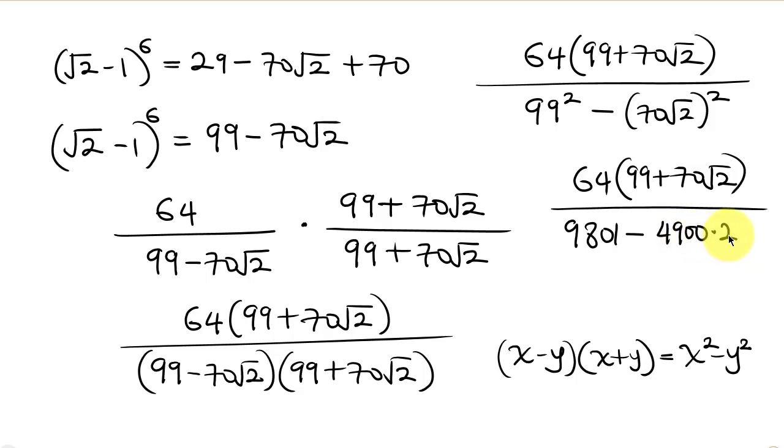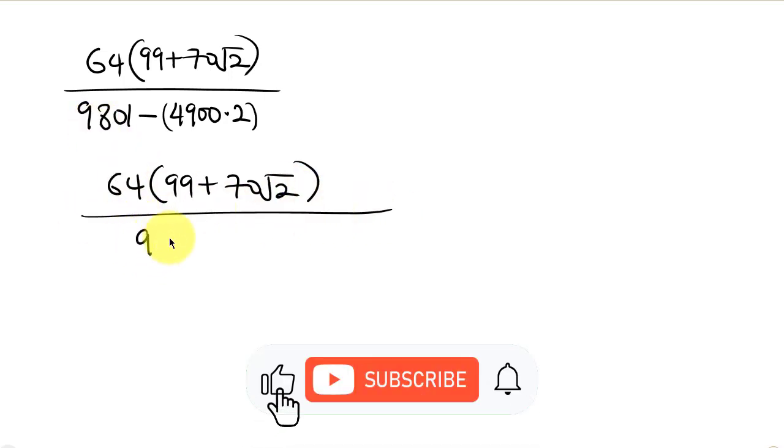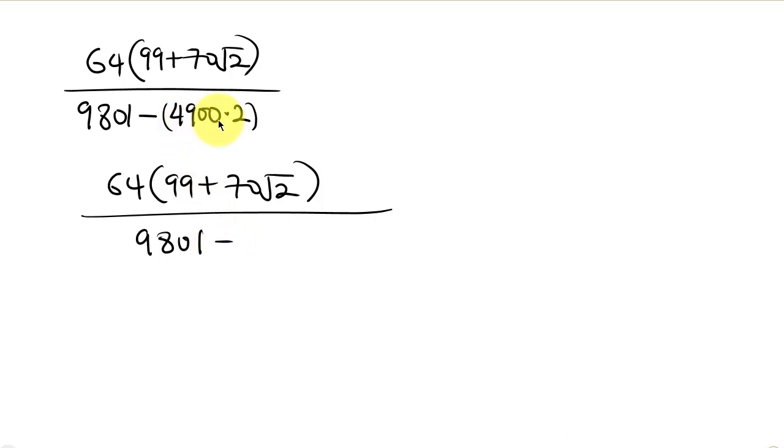So 4900 times 2. Let me just put it in brackets. Very good. So simplifying, we have 64 times 99 plus 70 root 2 all over 9801 minus 4900 times 2 is 9800.